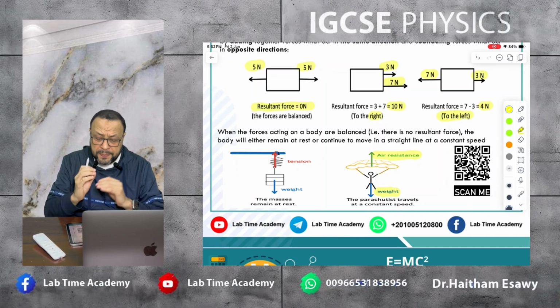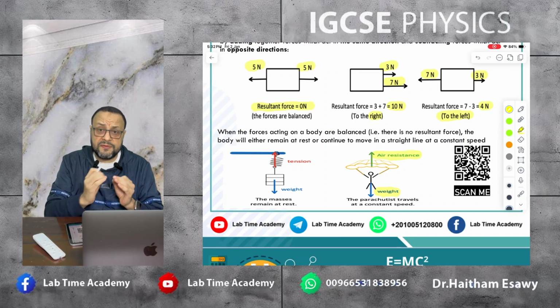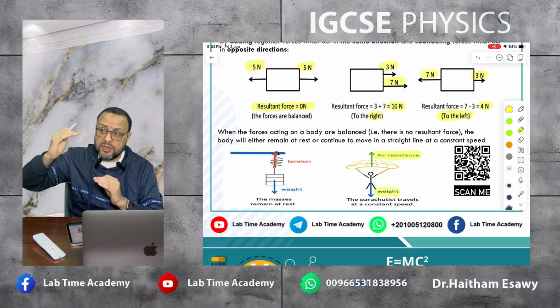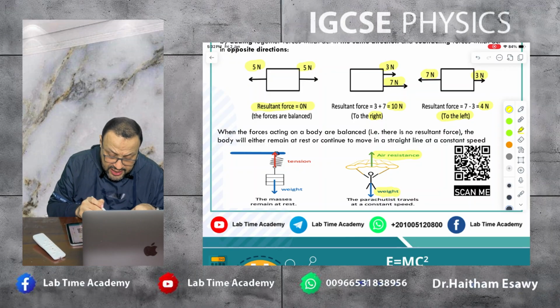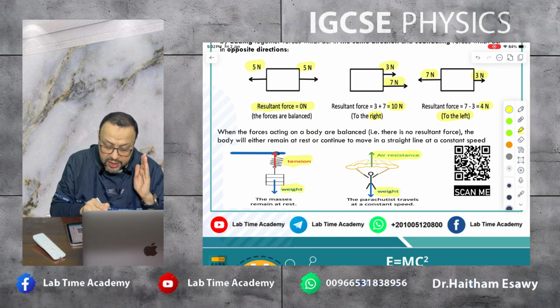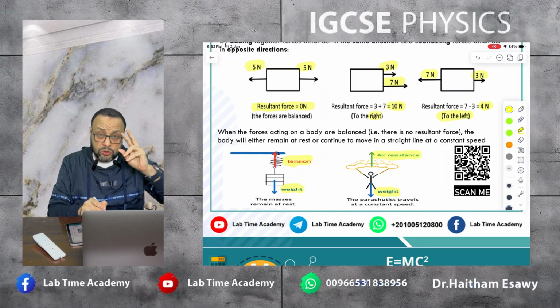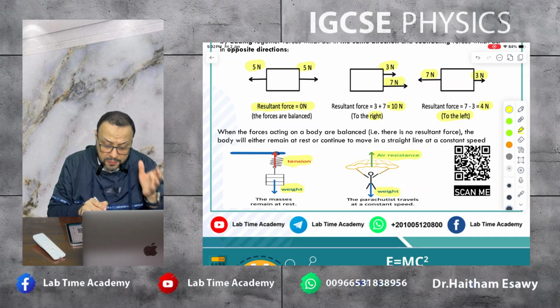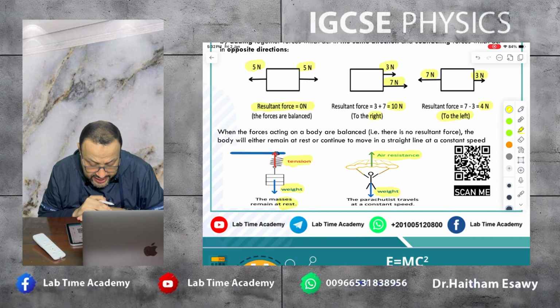So this means that the parachutist moves with a terminal velocity or constant velocity because these two forces are equal to each other. And the same thing here about the mass. This mass remains at rest because we have tension working upward and weight downward. These two forces are equal to each other in opposite directions. So this means that the mass remains at rest.